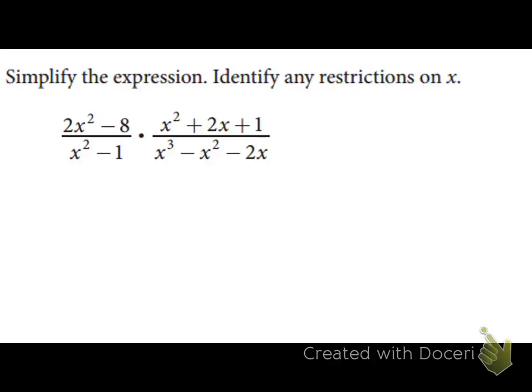Now, this is really what multiplication boils down to when you're working with rationals. You have two numerators, you're going to treat those separately, and you have two denominators, and you're going to treat those separately.